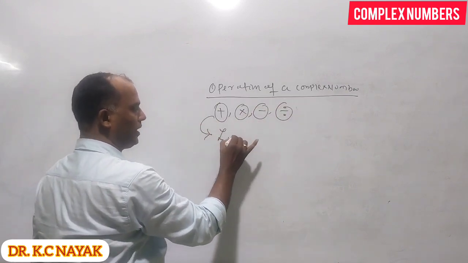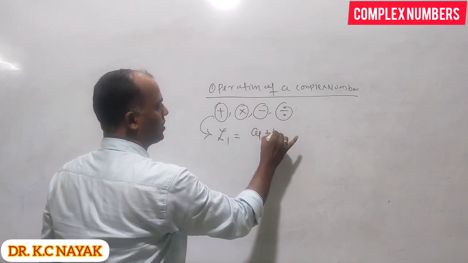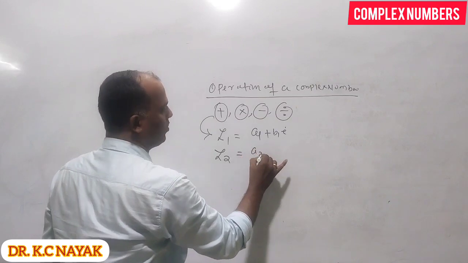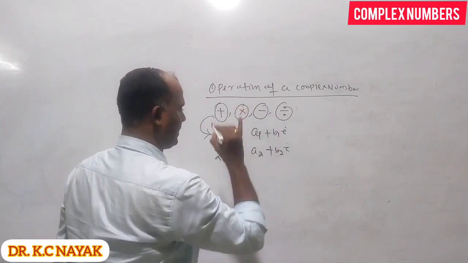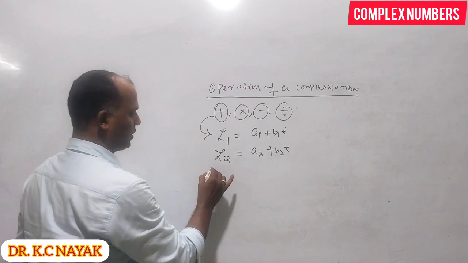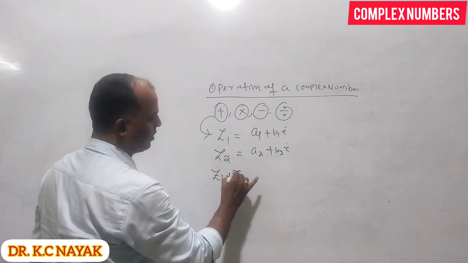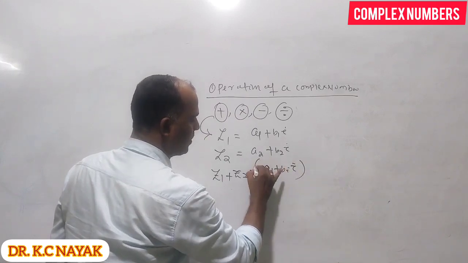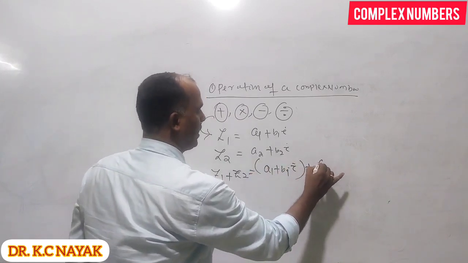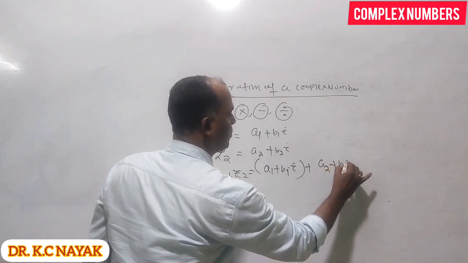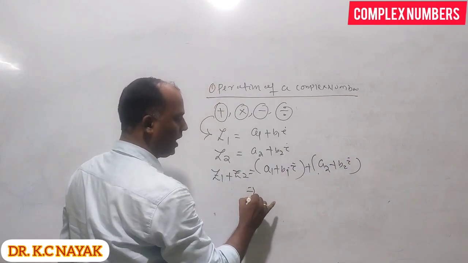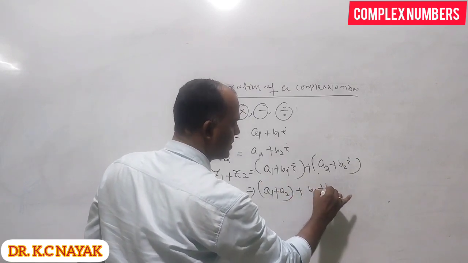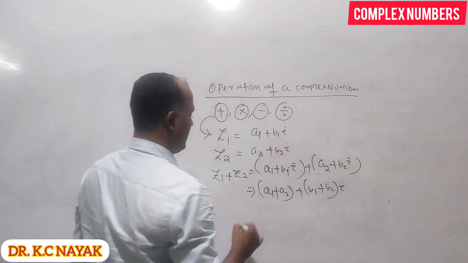Suppose Z1 is a complex number, A1 plus B1i. Z2 is another complex number, A2 plus B2i. I want to add the two complex numbers, Z1 plus Z2, which is A1 plus B1i plus A2 plus B2i. How will it add?